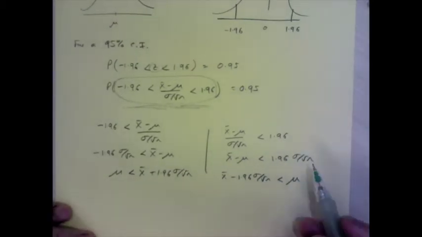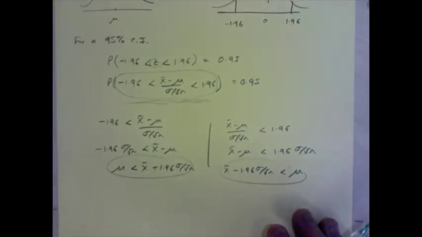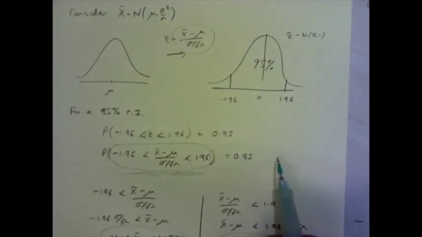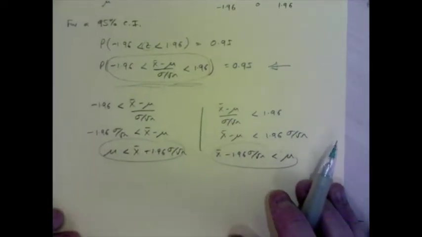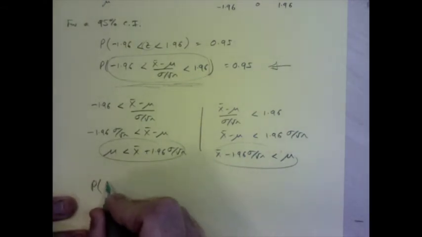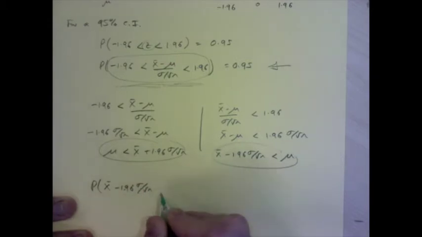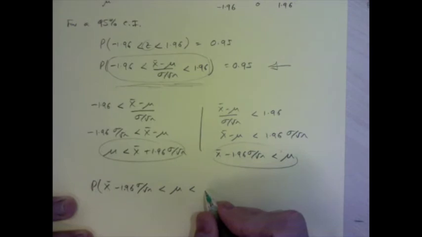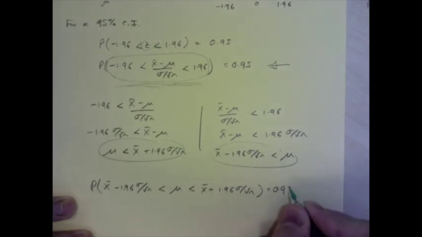And so these statements together now enable me to write, instead of writing this statement here, let's just move this up, I can now understand that this is actually the same as saying the probability of x bar minus 1.96 sigma on root n less than mu less than x bar plus 1.96 sigma on root n is equal to 0.95.